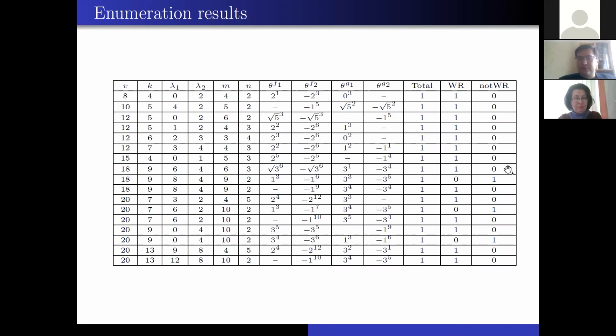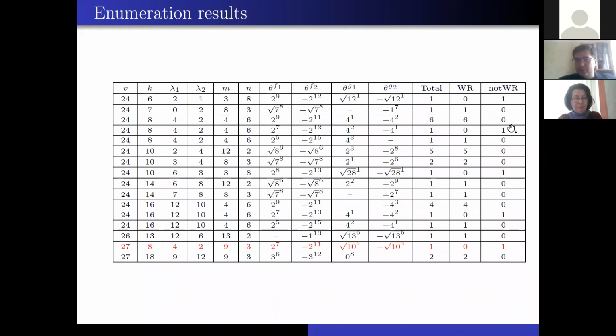So we have 3 non-walk-regular graphs here, and 5 non-walk-regular graphs here, and also for 24 vertices we have 6 non-isomorphic divisible design graphs with given parameters and given spectra, and so on. And I will talk about the case marked red in the next slides.